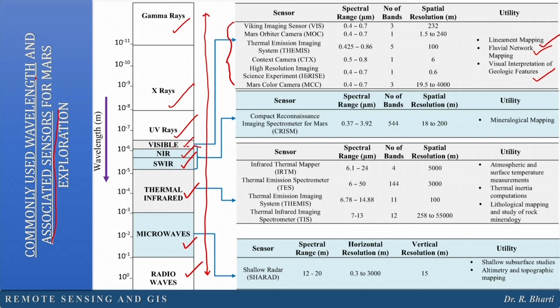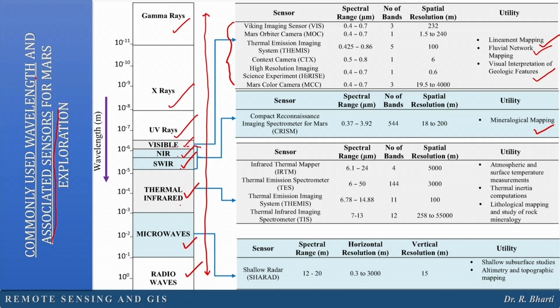Whereas visible, NIR and SWIR, if used together, can be used for mineralogical mapping. Here I am not talking about the method, whether multispectral, panchromatic or hyperspectral. I am talking about the wavelengths which can be used for different applications.